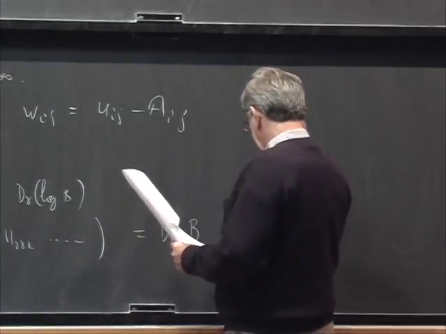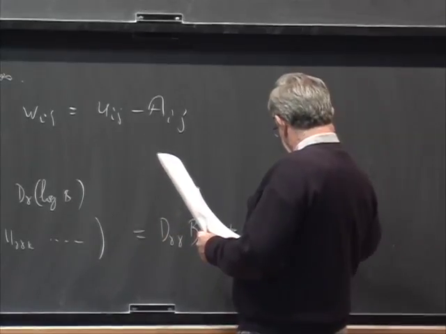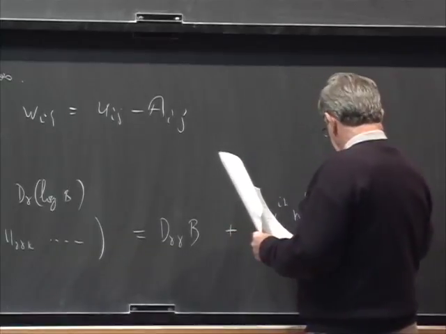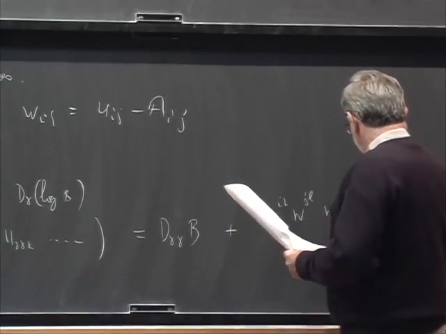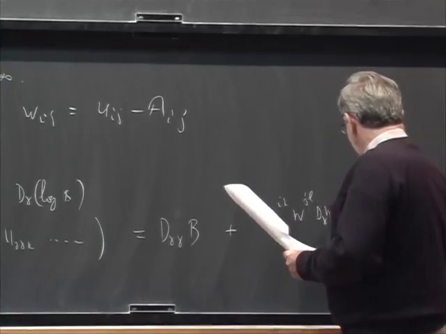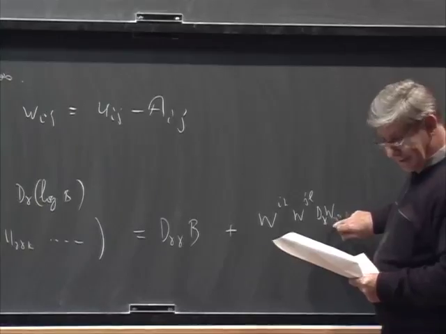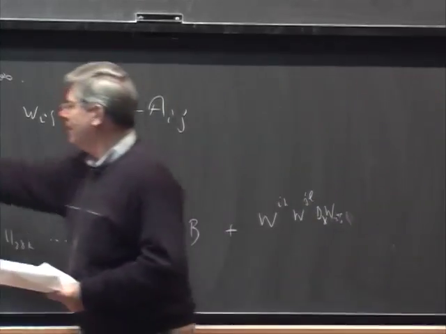And here's our good term. This is the Pogorelov term. It's a W^ik W^jl, and I'm going to have a W_ij gamma. By this I mean D gamma. Better write this properly because, remember, W is not exactly a Hessian at the moment.